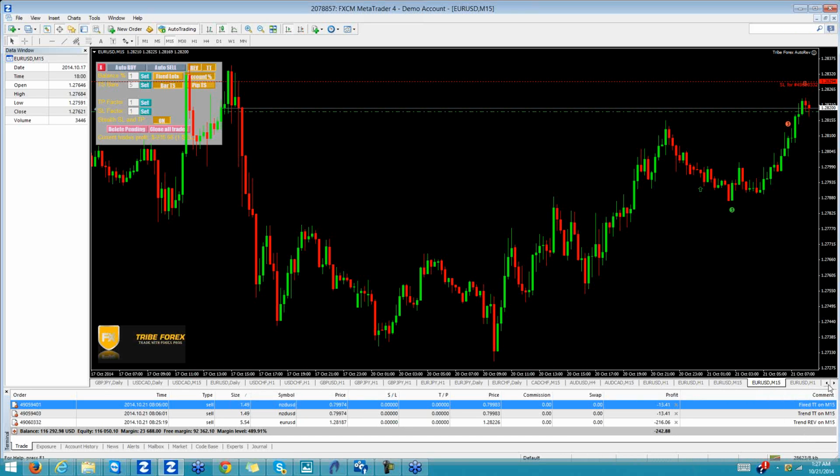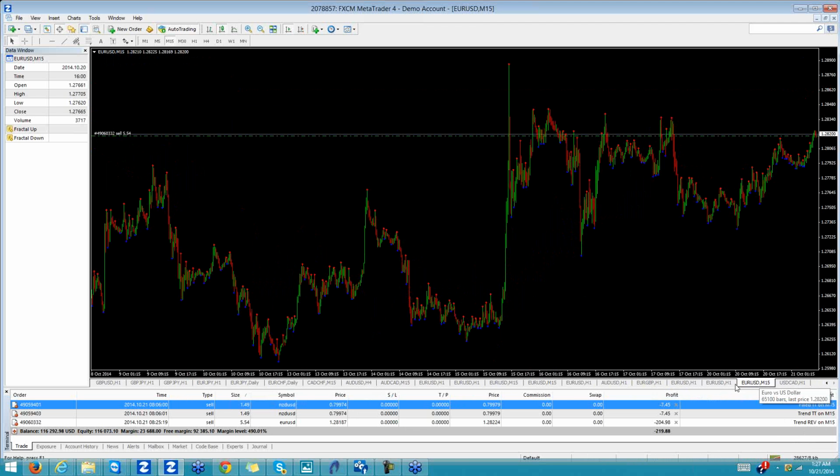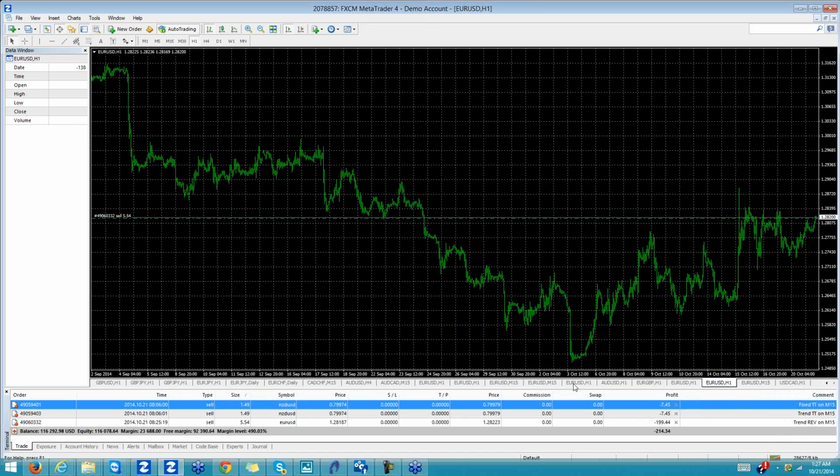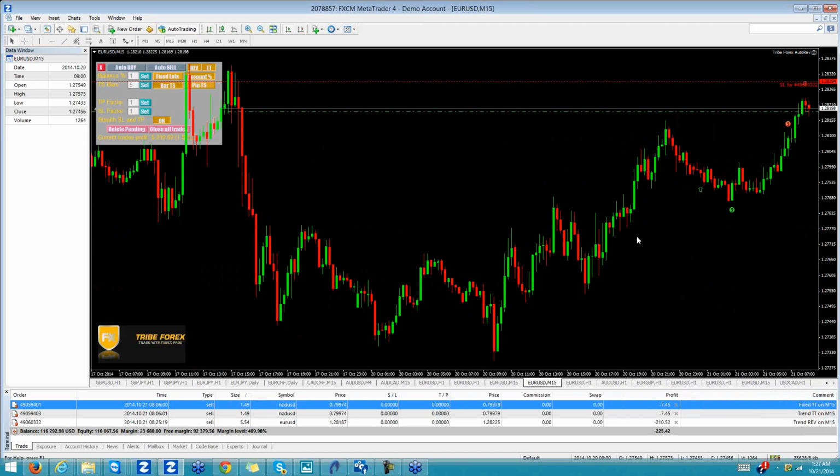I think the euro was so much smaller than expected that we triggered actually one of the positions here. Must be 10.5, which is the minimum stop loss here. 10.5 pips.